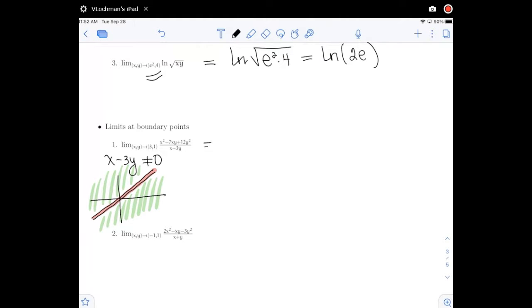So 3 for x, 1 for y. We're going to get 9 minus 7 times 3 times 1 plus 12 times 1, right? Over 3 minus 3 times 1. So we're going to get 0 over 0.